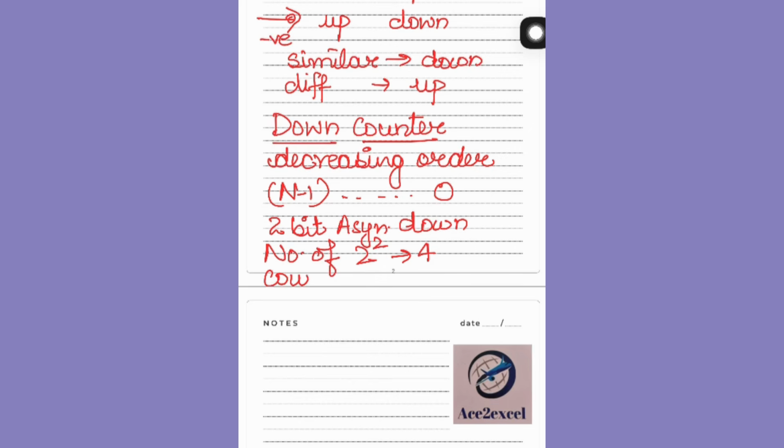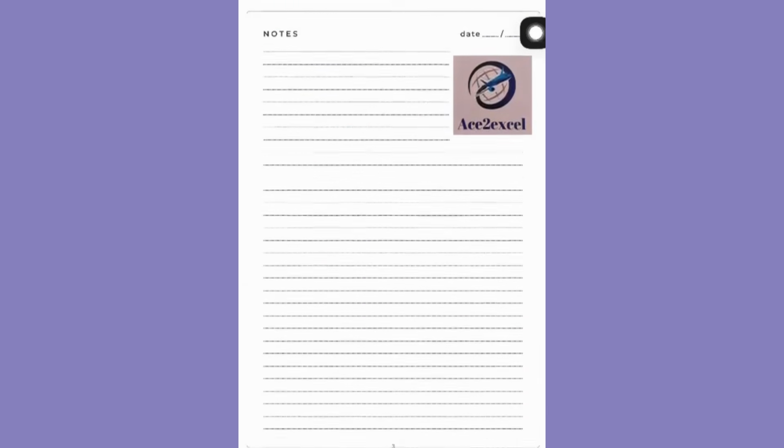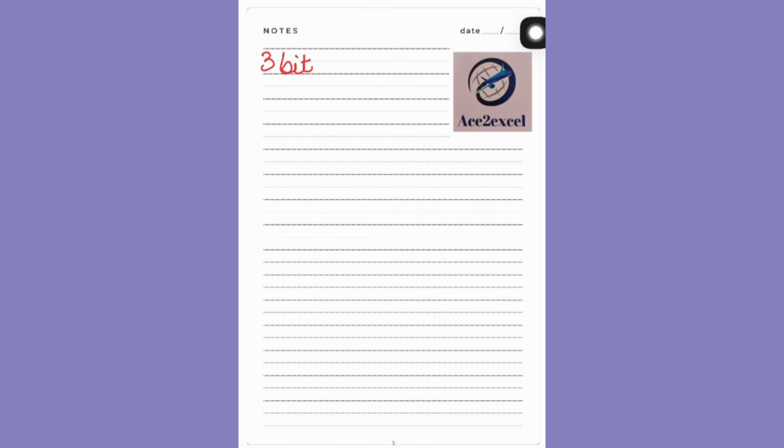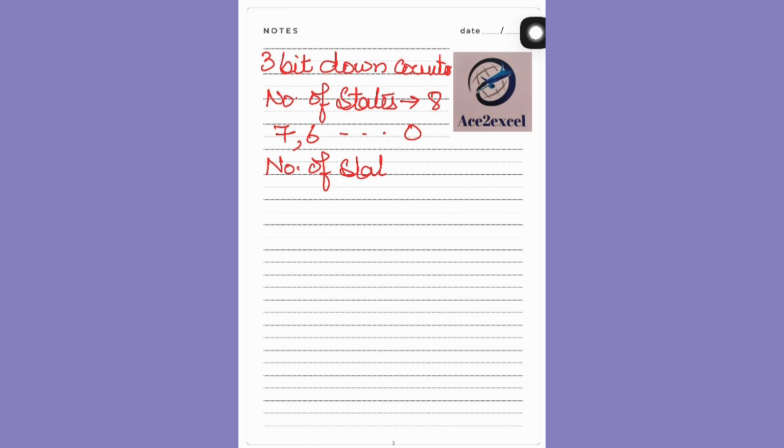Counting will be 4 minus 1, 3, 2, 1, 0. If it is 3-bit down counter, number of states are 8 and counting sequence will be from 7, 6 to 0. Number of states is also known as mod.